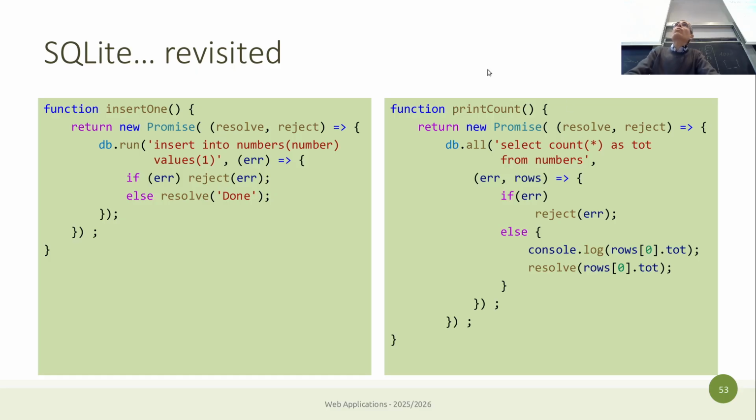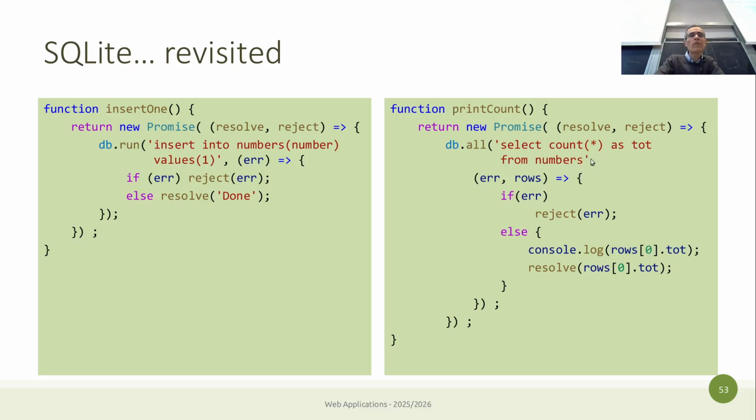So let's go back to our examples. You remember that we had these two functions: insertOne, that inserts a new value into a row of a table called numbers, in column number, and then printCount, which goes in the database and runs select count star as dot from numbers, so basically it counts the number of rows.